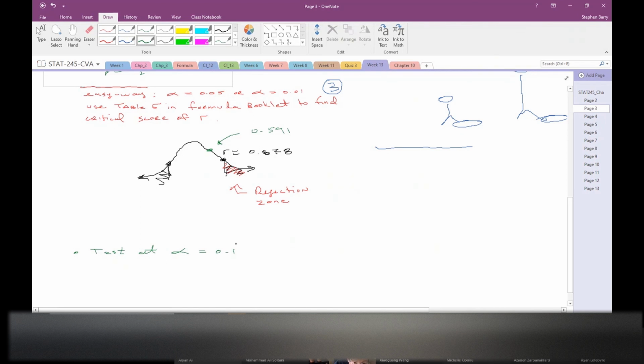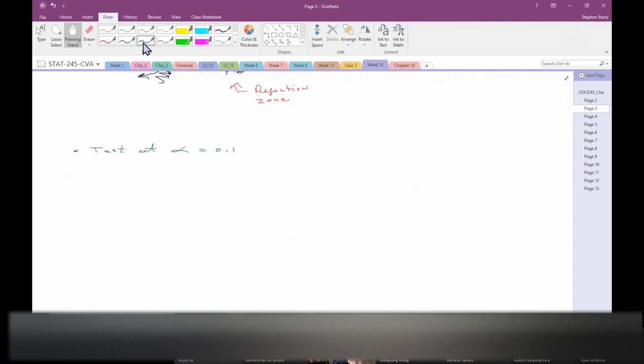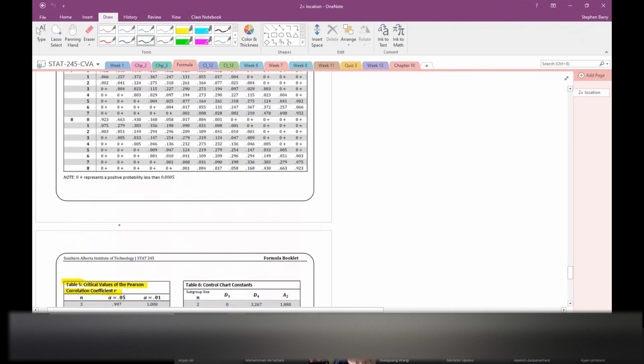How would you figure this out? Well, the way you're going to figure this out is coming up with a test. You're going to have to do the classical approach where you figure out a test statistic for a t-score. Now that formula you can find right here.